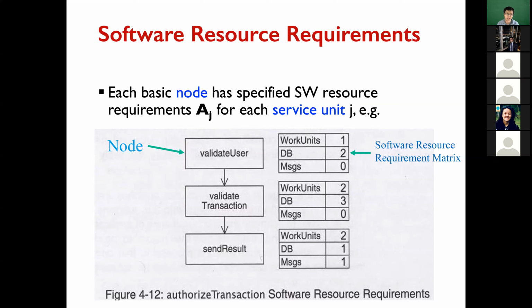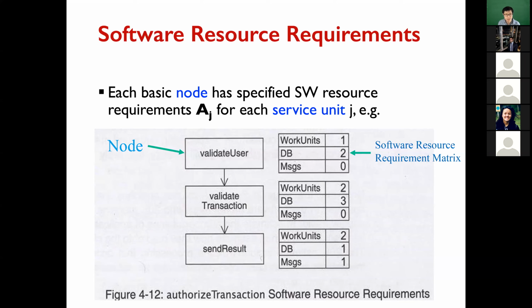For the validate transaction step, we have two work units, 3 DB units, zero messages. For send results, two work units, 1 DB, one message, because when you send the results there's a network involved, so there's one message.